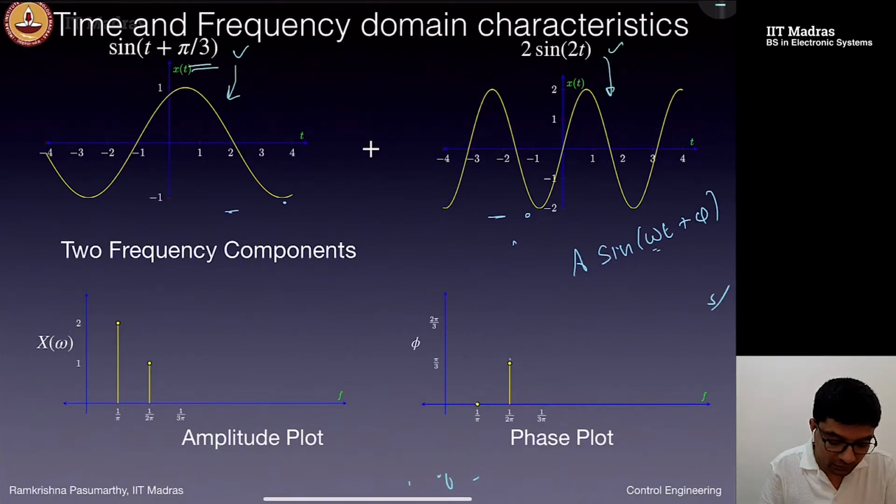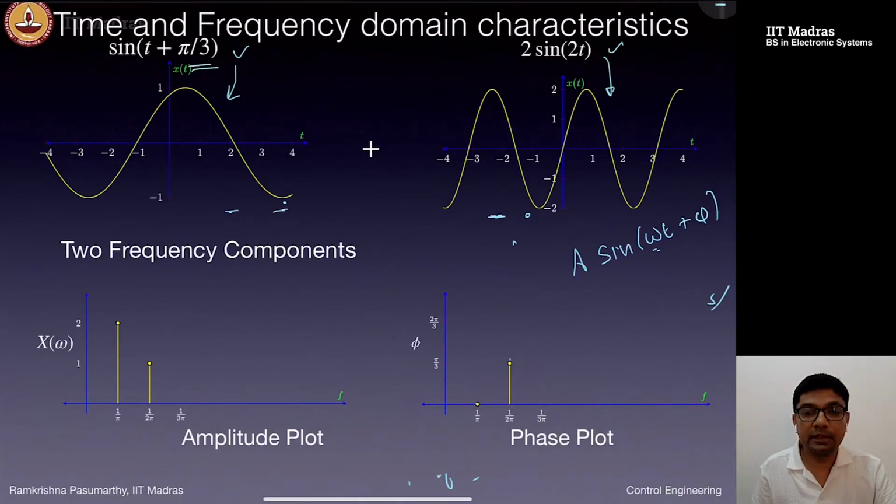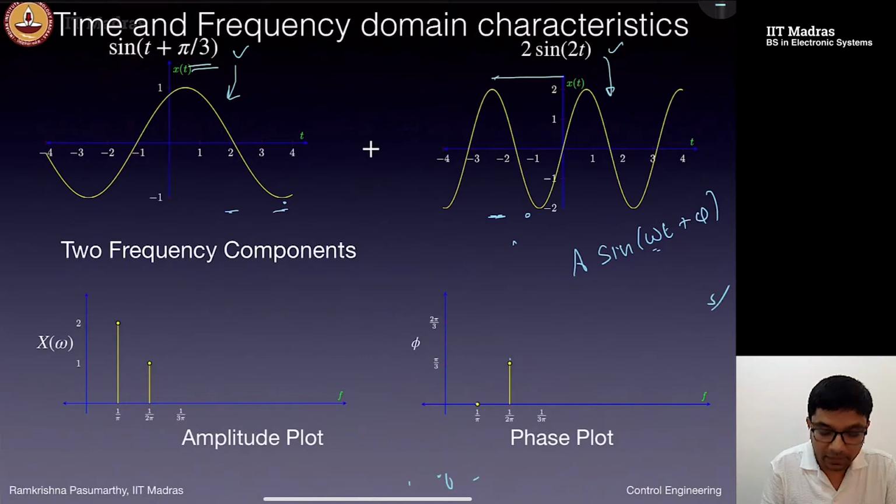If I look at these two signals, I can easily say that this signal repeats itself twice as fast as the first signal. So I have two different frequency components here.